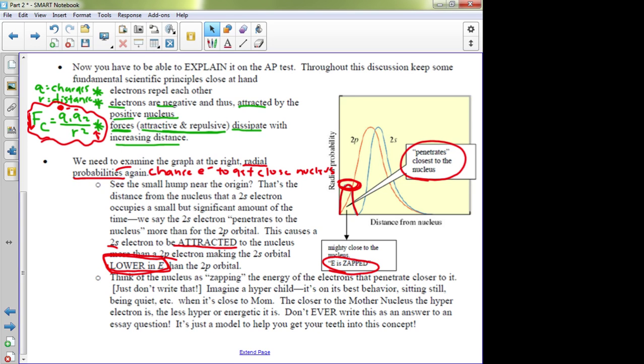The energy level goes up. It's the same thing with electrons. Think of the nucleus as the mama. The closer those electrons are to the nucleus, the lower they are in energy, whereas the farther out away from the nucleus they get, the higher in energy they get. Make sense?